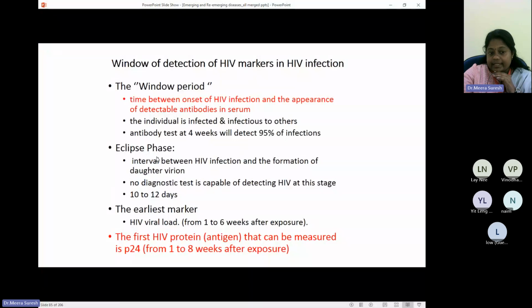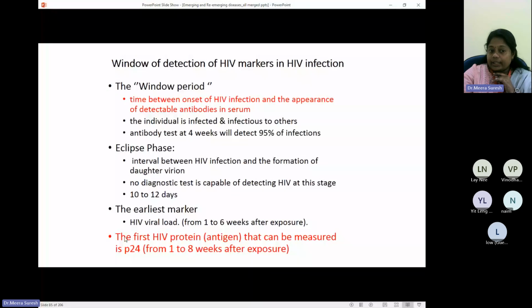Then there is an eclipse phase, an interval between HIV infection and the formation of a daughter virion. No diagnostic test is capable of detecting the HIV. It will be between 10 to 12 days. The earliest marker will be HIV viral load. The first HIV protein antigen that can be measured is P24, from 1 to 8 weeks.